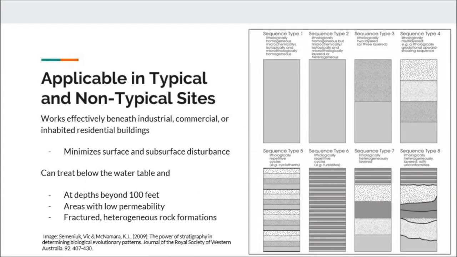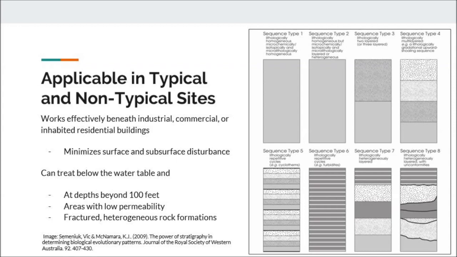Thermal remediation can be applicable in typical and non-typical sites. It works effectively beneath industrial, commercial, or inhabited residential buildings, and it minimizes the surface and subsurface disturbance. It can also treat below the water table, and some studies have shown that thermal remediation has been able to treat at depths beyond 100 feet, and traditionally has treated DNAPLs in the saturated zone at these depths.